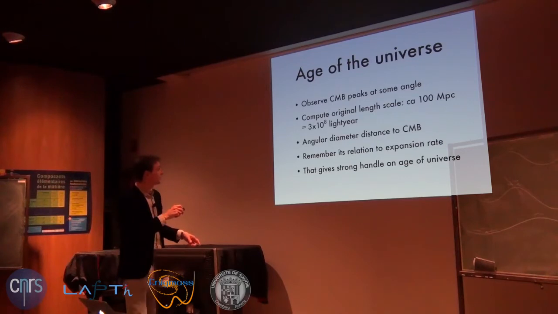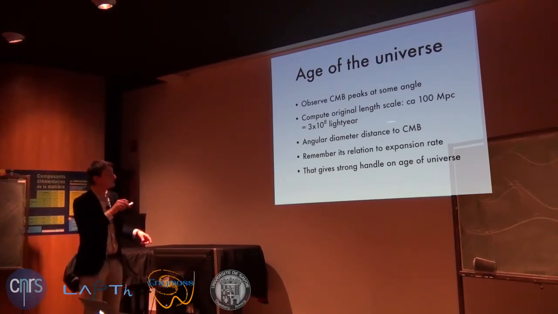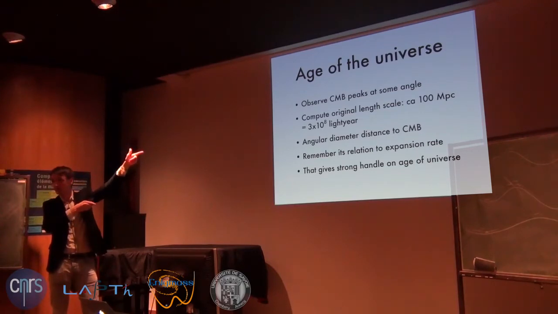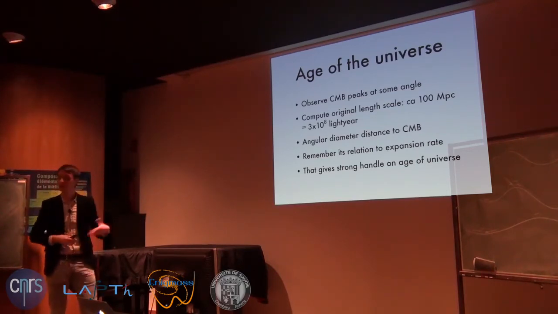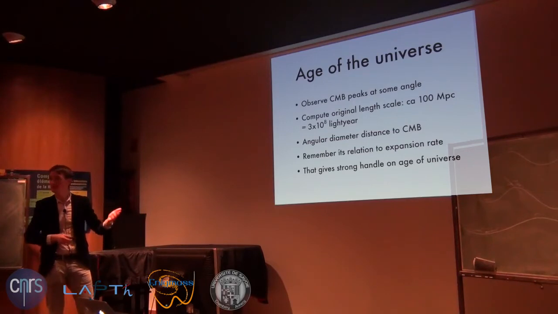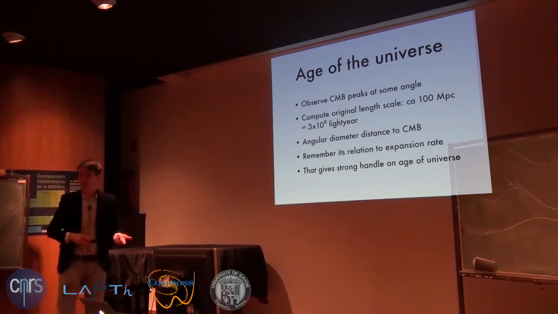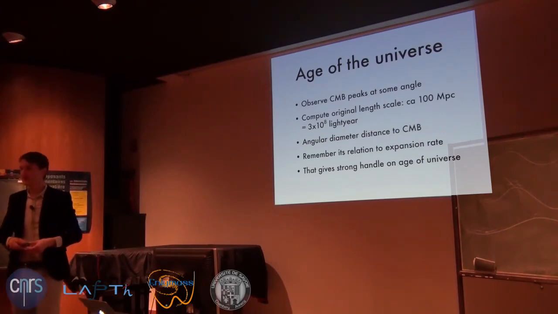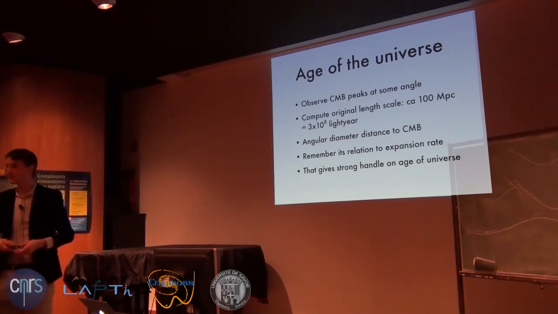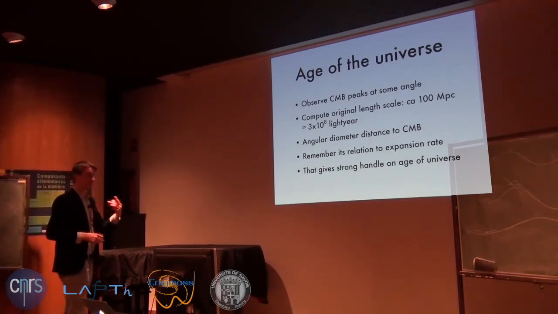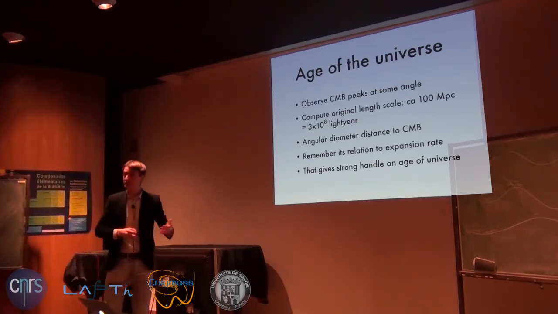So the first peak is a length scale which we know. We observe it at an angle, we know its original physical scale. If you know how big something is and you see the angle, you can compute how far it is. And this is why the cosmic microwave background is also a very good measurement of the angular diameter distance to redshift 1,000. And I explained to you how the distance measure is related to the age of the universe.